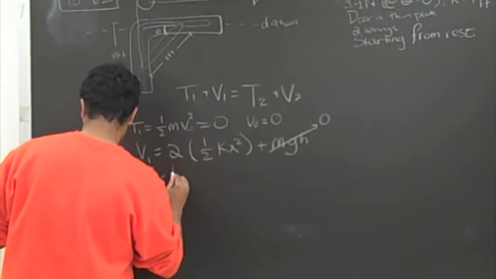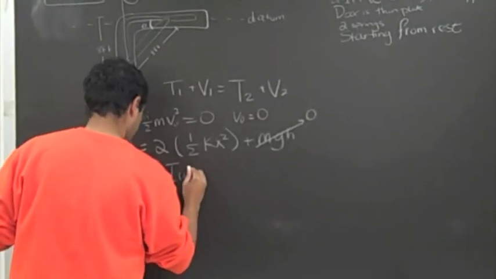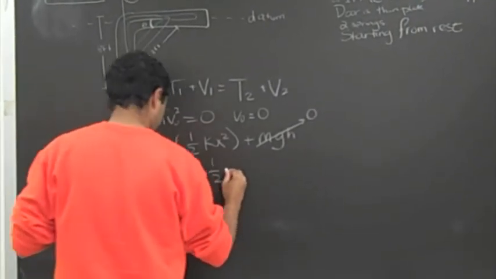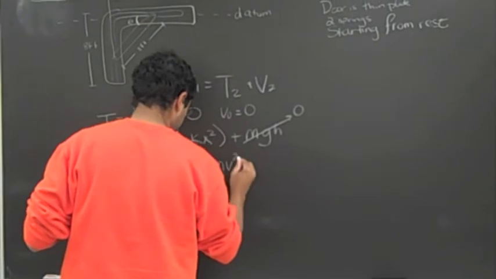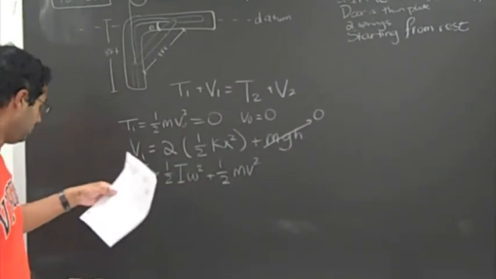is equal to 1/2 I omega squared plus 1/2 m v squared. So this is the rotational and translational kinetic parts of T2.